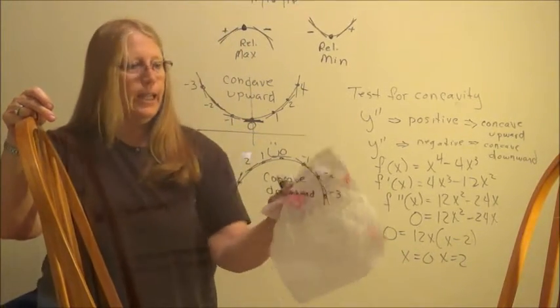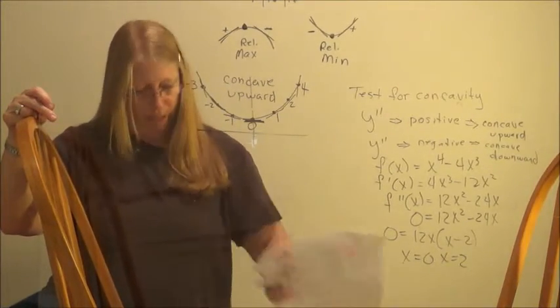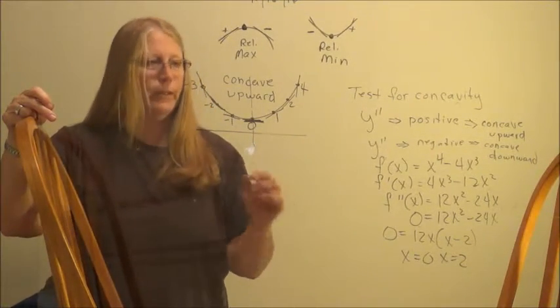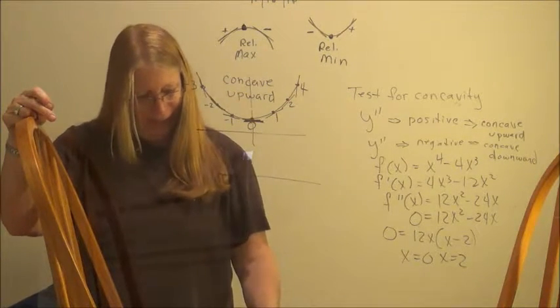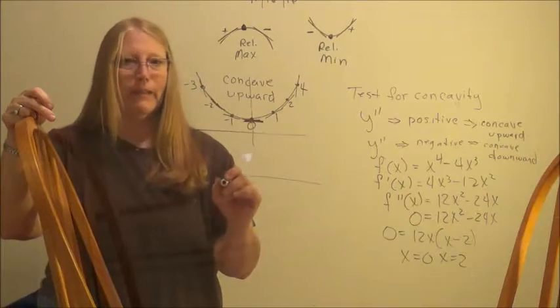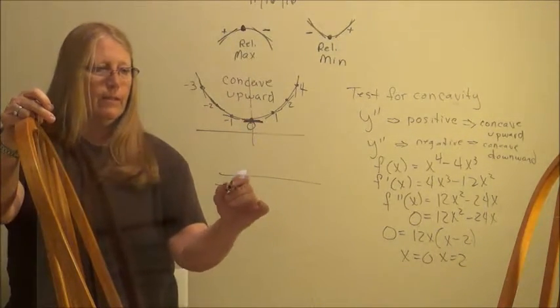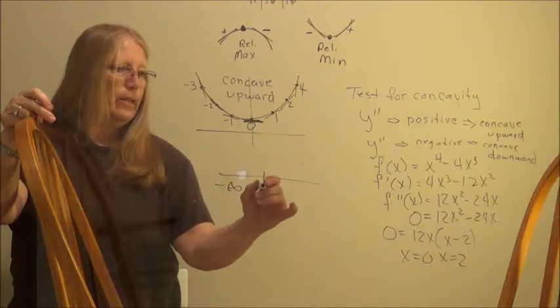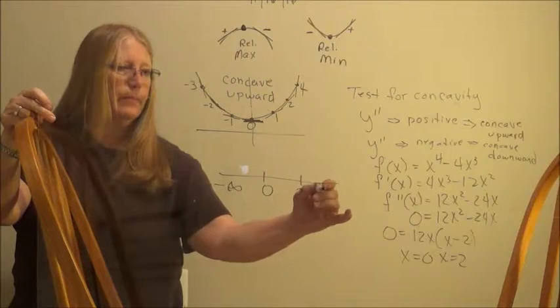So that's going to create a little bit of a test situation, but nothing like what I was describing with all of these test points. So let's find those. So we go from negative infinity to 0 to 2 to positive infinity.